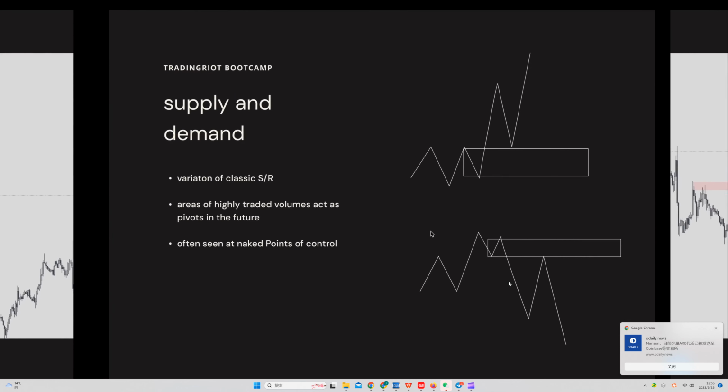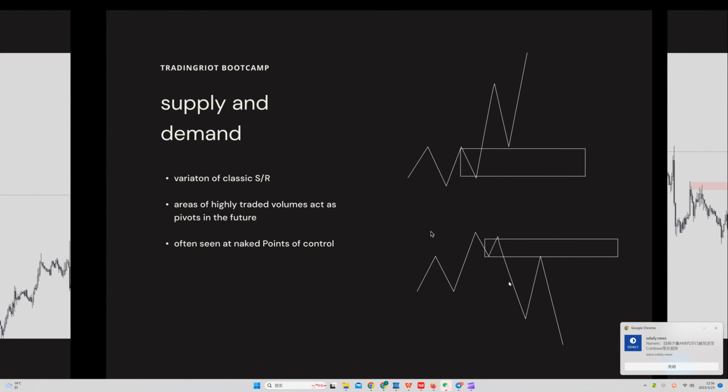The supply and demand is the variation of classic SR, and you might have heard terms such as supply and demand, clusters, the failure to returns, the order blocks, and so on and so forth.